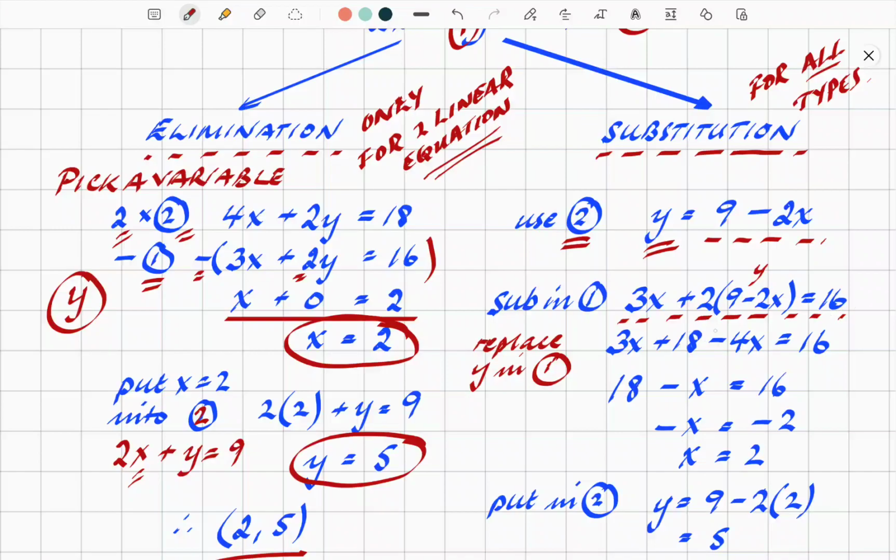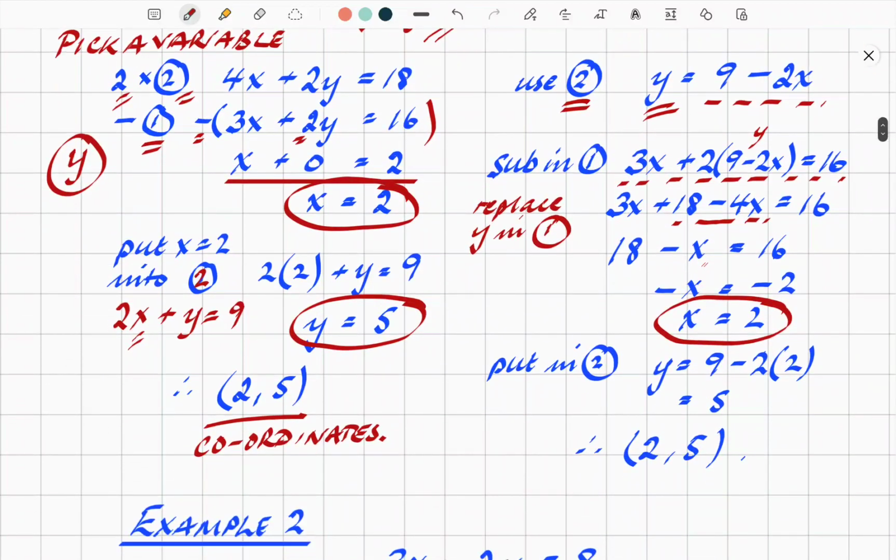So expand the brackets, you get 18 minus 4x, and tidying that all up, collecting like terms, 3x minus 4x, you get a minus x, and you have the 18. So 18 minus x equals 16, minus x equals minus 2, and therefore x equals 2, as we had before.